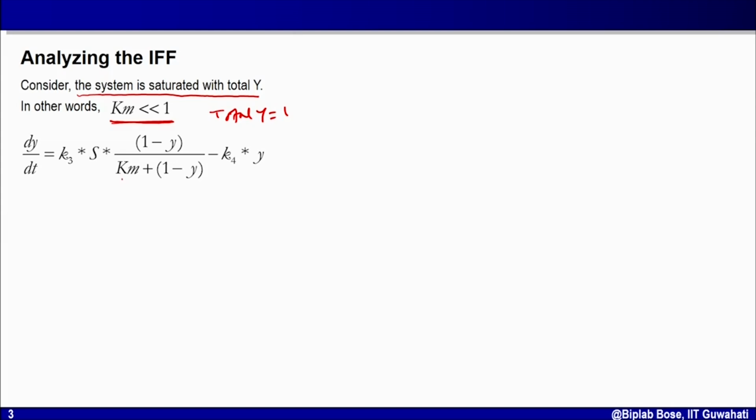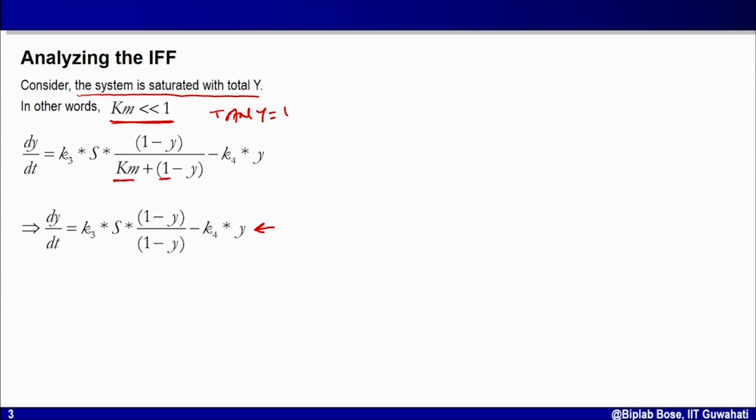What I have considered is Km much smaller than 1. So I can remove Km from this denominator. So that's what I have done. I have removed Km from the denominator, and I get this rearranged ordinary differential equation.